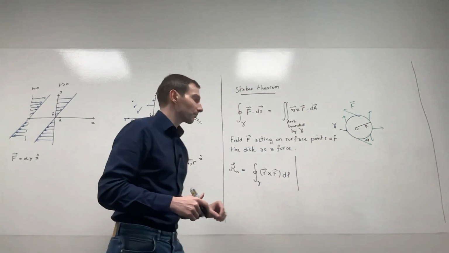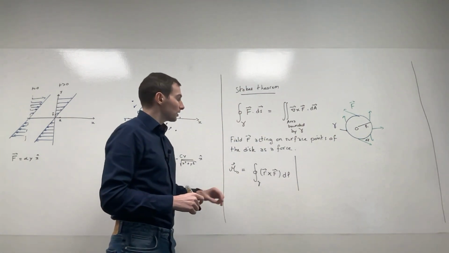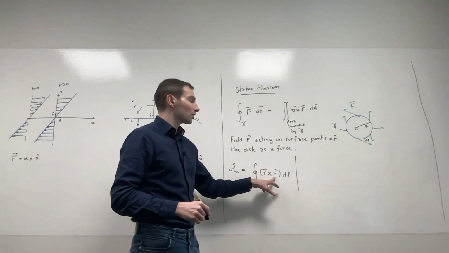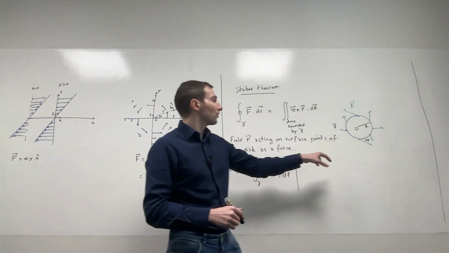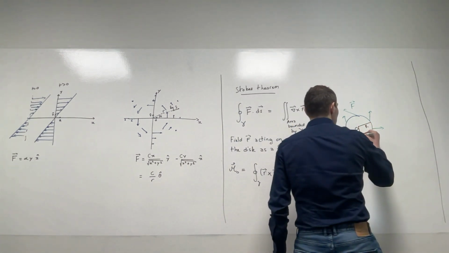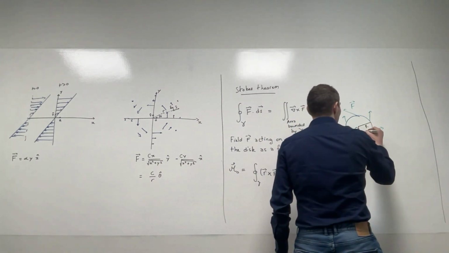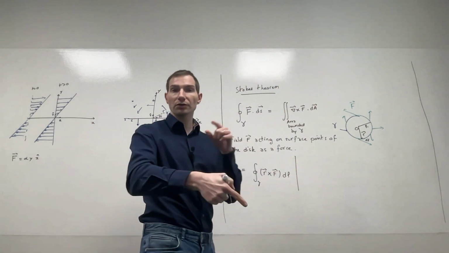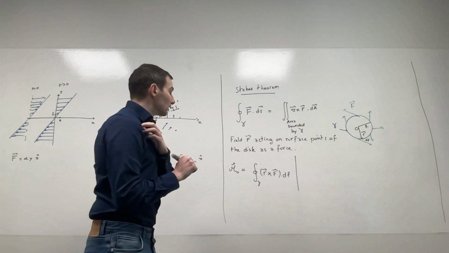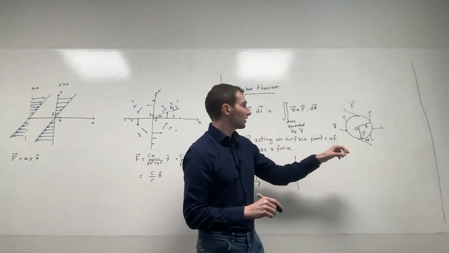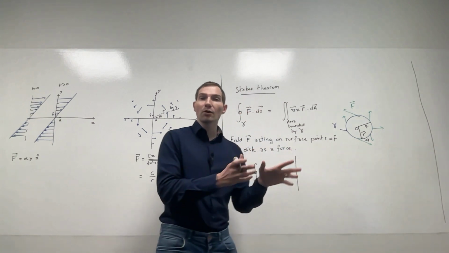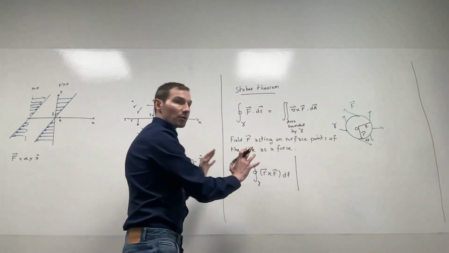Now, what we want to do is realize that when you calculate the r cross F, r, by the way, is actually the position vector indicating the position of a point on the circle from the origin. And so what we have here is that in the end, we've got a vector r and we've got a vector F. Both of them are in the plane of the board here.